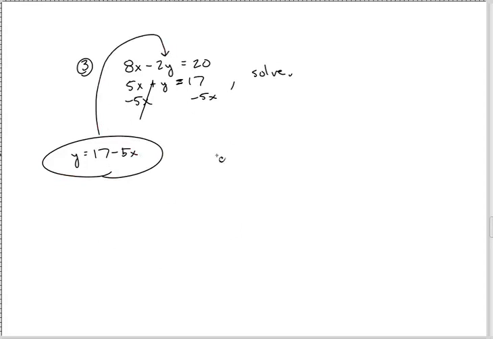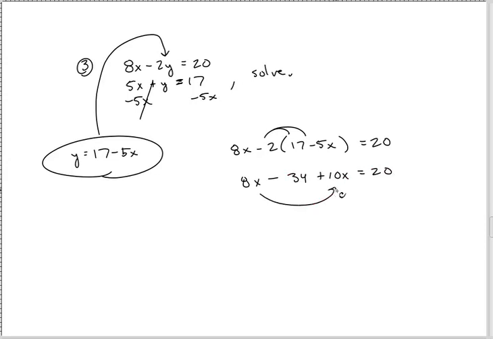So 8x minus 2 times (17 minus 5x) is equal to 20. Distribute your negative 2. 2 times 17 is 34. Just going to verify. Yep, 34. Two negatives make a positive 10x.